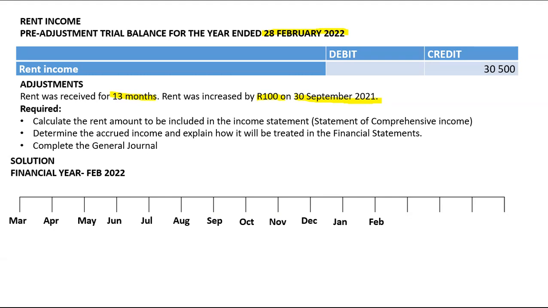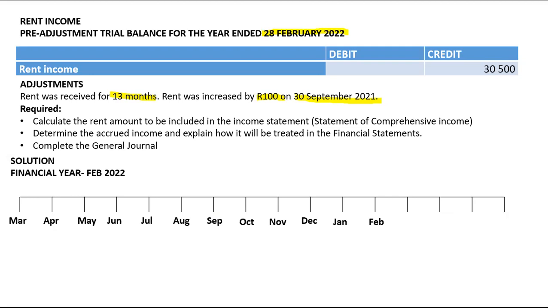which is not the case for this specific example. Because when we rent out property, we will receive income, but we haven't rented out property for March the following year. Even though we received money for it, we have not rented it out. We have not earned it. We will only earn it once the tenant stays for that period, which is the next year.